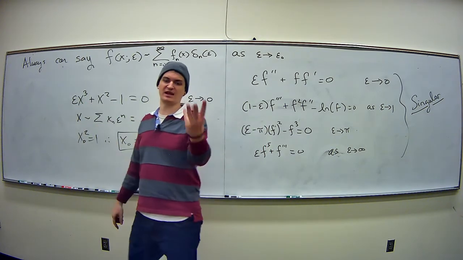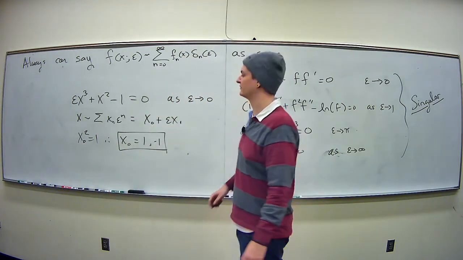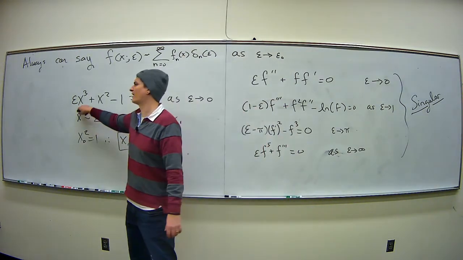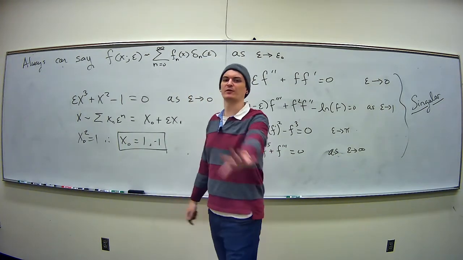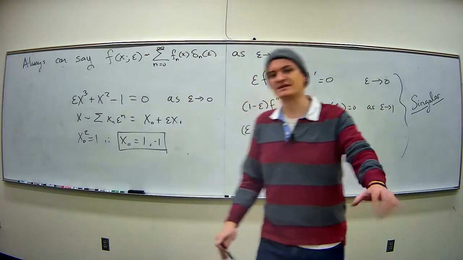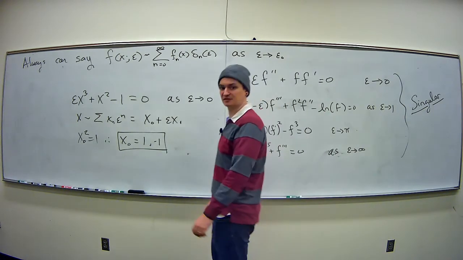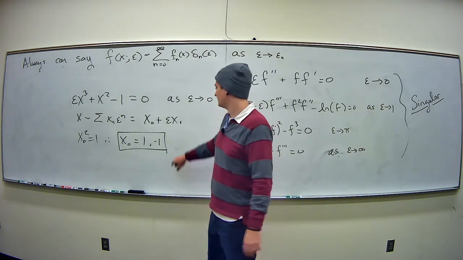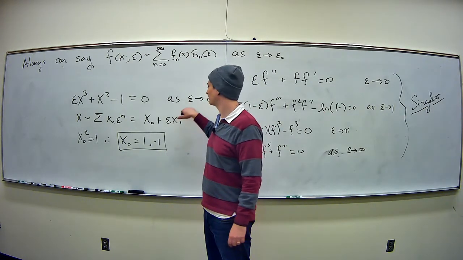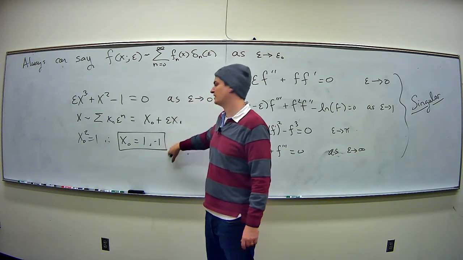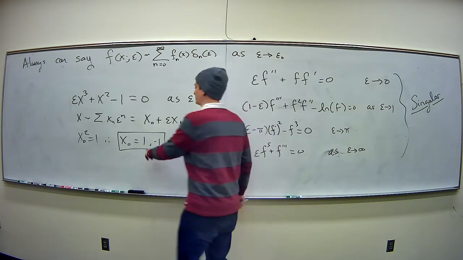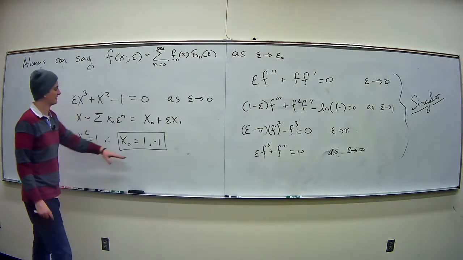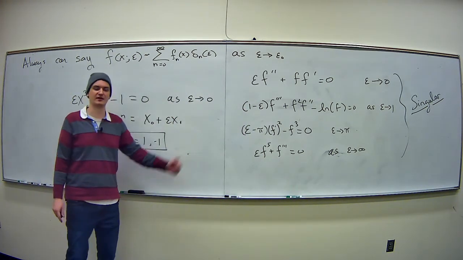I'm trying to describe 3 algebraic roots to this thing. The fundamental theorem of algebra says that if you write down an nth order polynomial, there are n complex valued roots to that polynomial. So singular in the sense that in the 0th order expansion, I have no starting point for the 3rd root. I only get 2 of these, and all of my other ones are going to build off of these other roots.